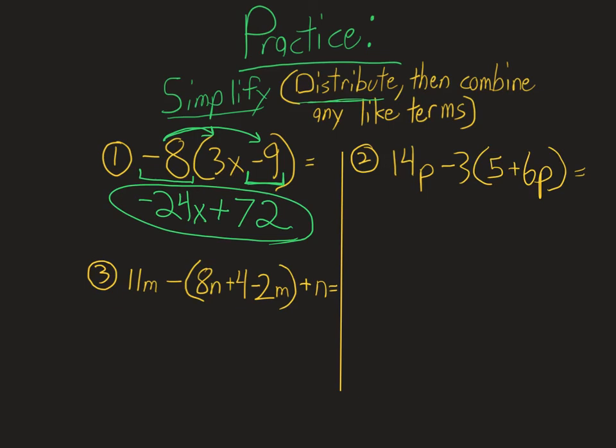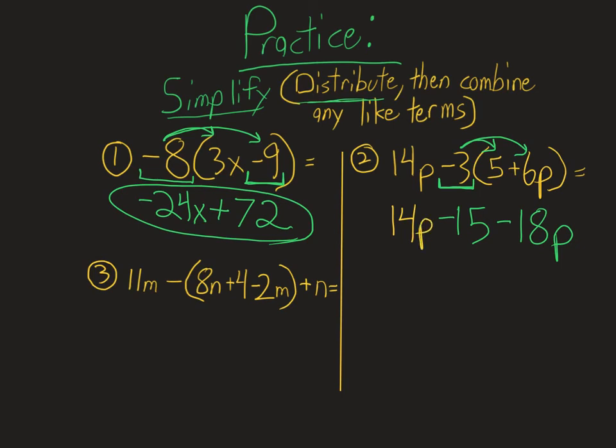Number two. Okay, these guys are locked up in parenthesis prison back here, so we have to distribute before we can do anything else. I'm distributing a -3. Notice that. Two terms, so I'm going to distribute twice. -15. And then -3 times 6, -18p. Now I'll just bring down what didn't get used the first time.